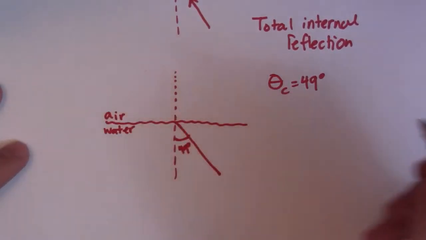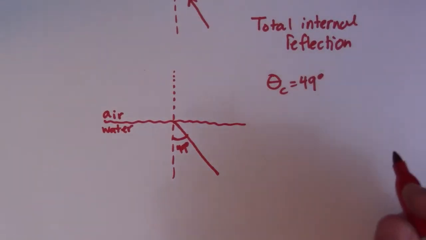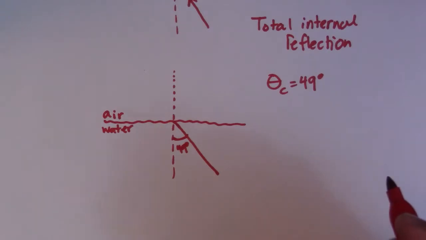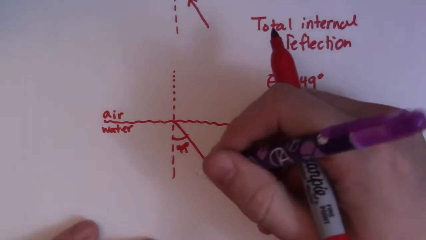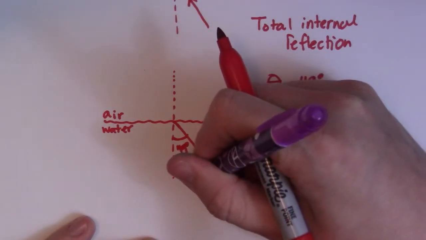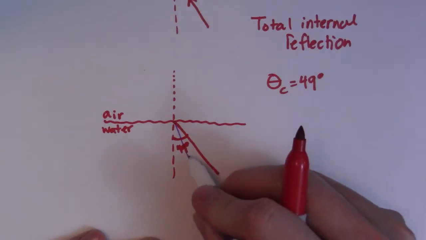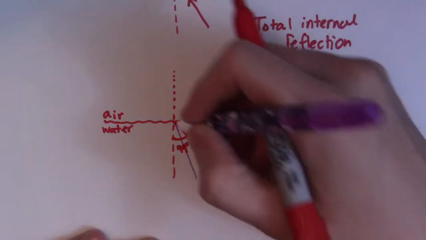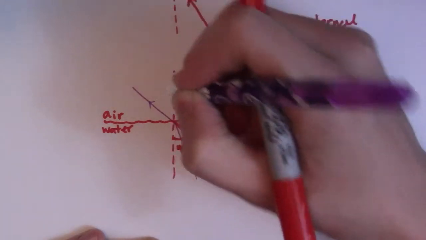If I have light coming in here at an angle that's less than 49, it's going to pass through the medium. So it's going to go like that.